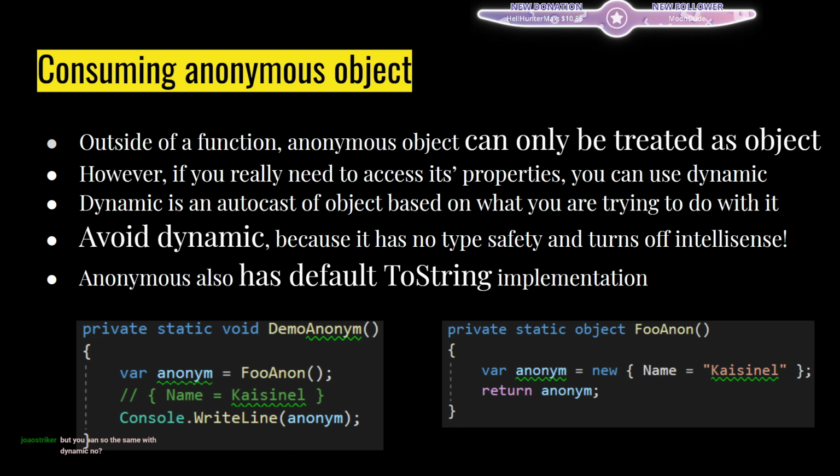Sometimes we need to consume an anonymous object outside the scope that it was created in, so outside the method it was created in. For example, in function foo_anon, you can see we created this anonymous object and then we returned it as type object. And here you can see that we can still consume it just fine as an object.